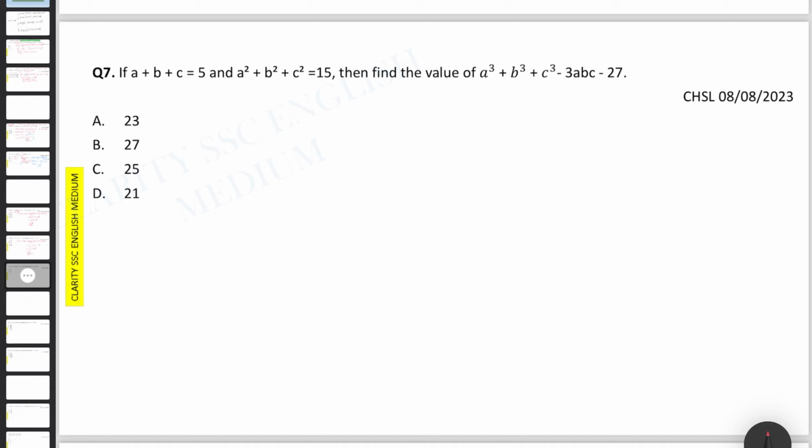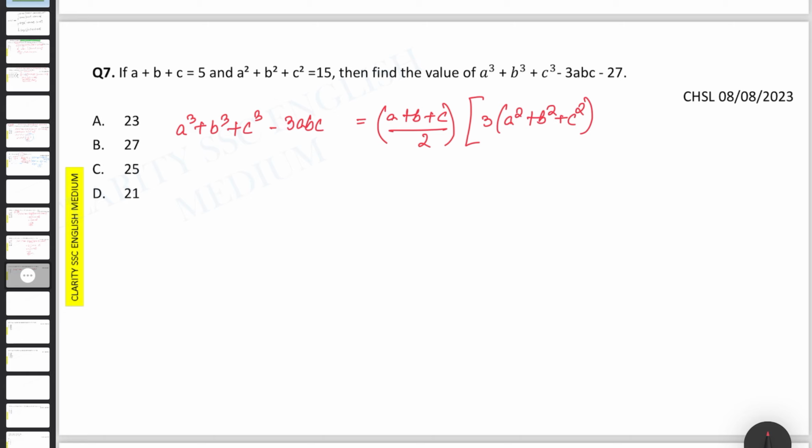Let me write the third formula. a cube plus b cube plus c cube minus thrice abc is equal to (a plus b plus c) by 2 into thrice (a square plus b square plus c square) minus (a plus b plus c) whole square.